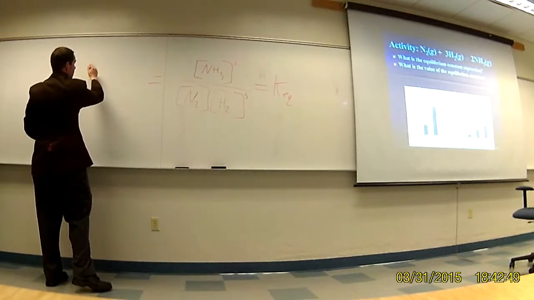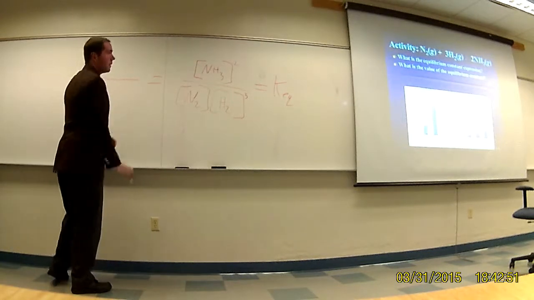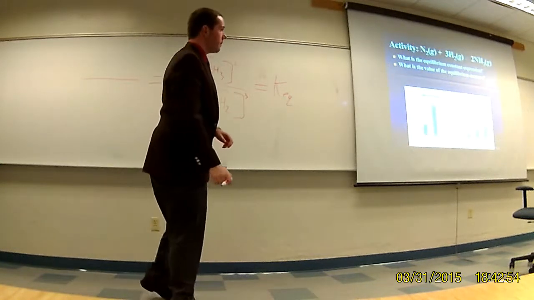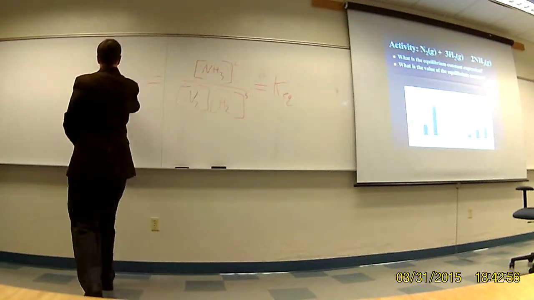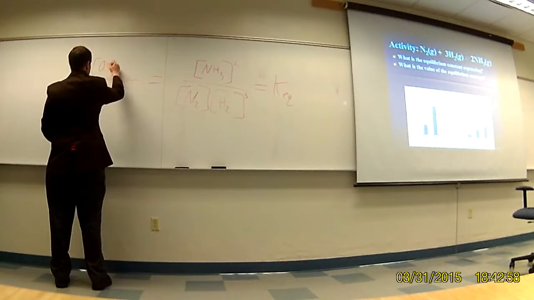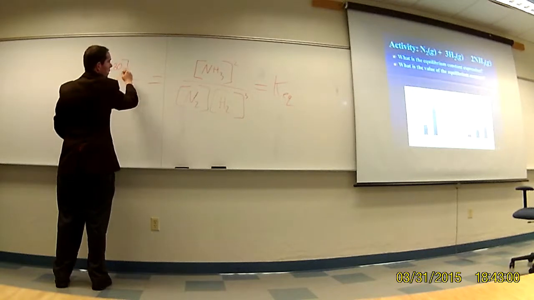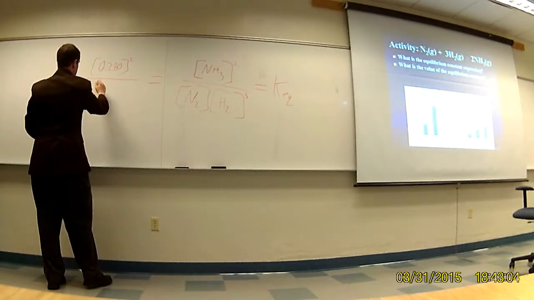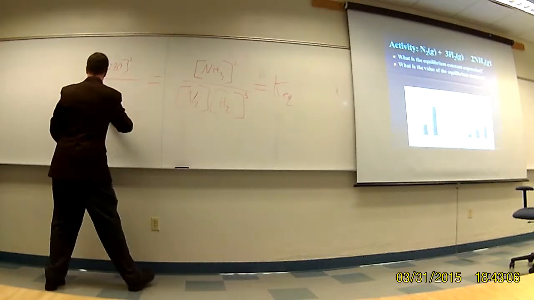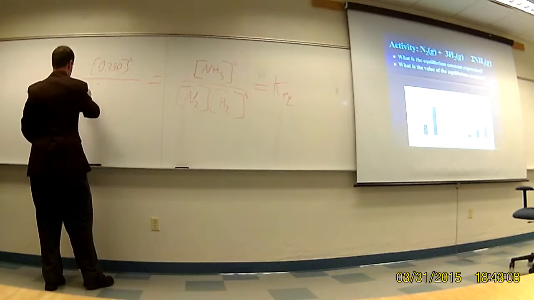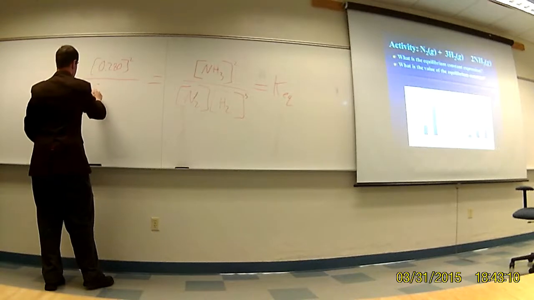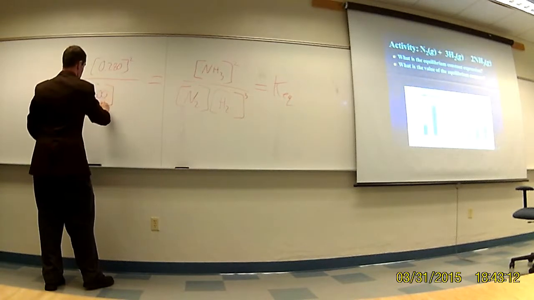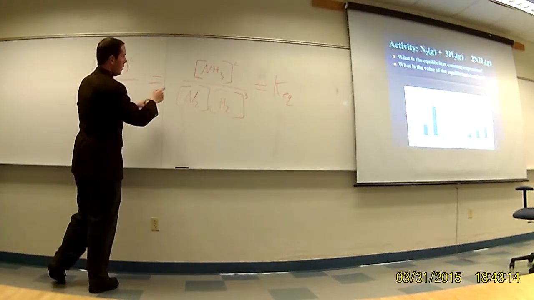So what is the concentration of ammonia? 0.280. So I'm going to go 0.280 squared over, what's the concentration of nitrogen? 0.0600 to the power of 1.